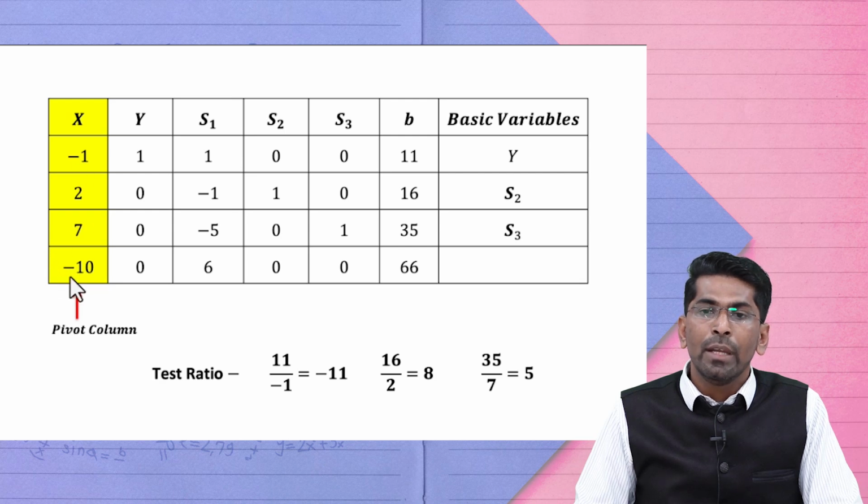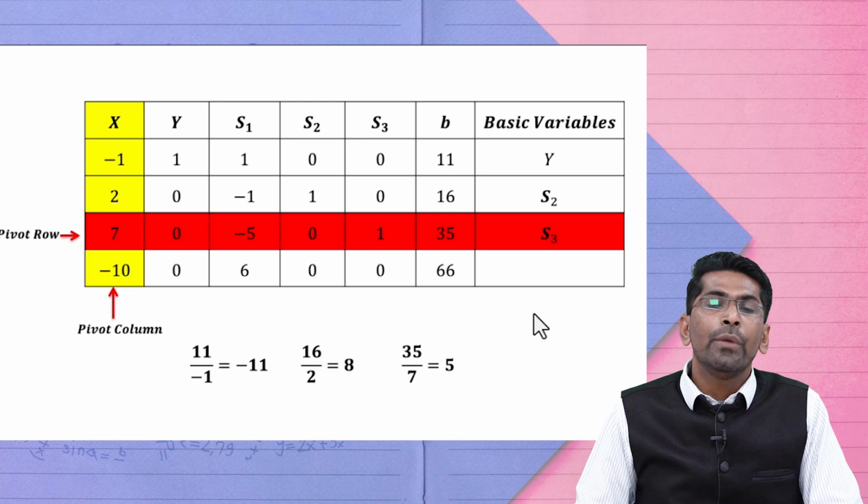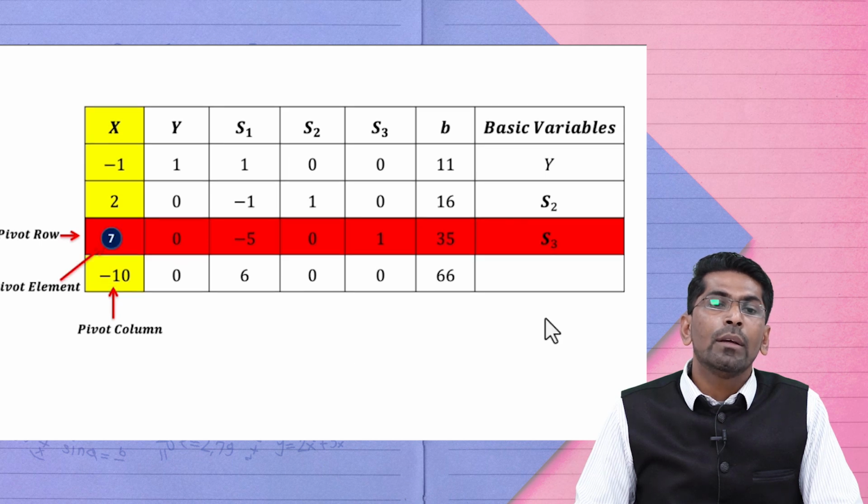So the smallest non-negative ratio is 5. The minus 11 is negative, but 5 is the smallest non-negative ratio in the test ratio. So we consider this value, which is in the third row. So the third row will now become the pivot row. After identifying the pivot column and pivot row, we are going to identify the pivot element.